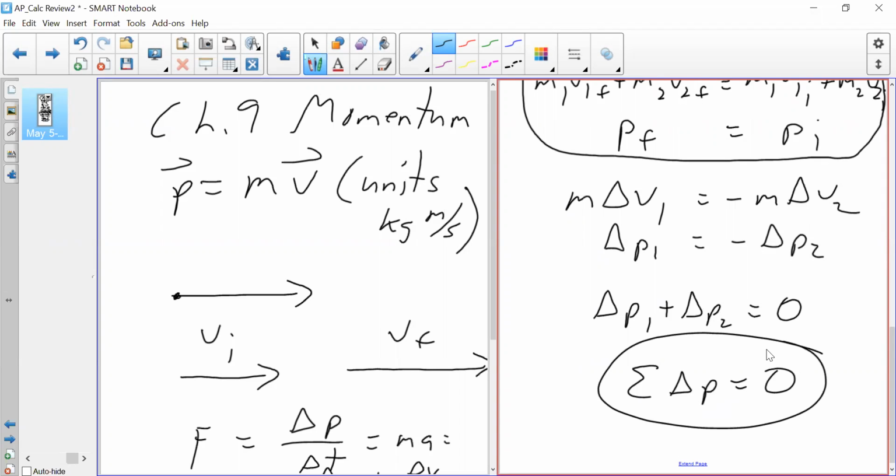Right? So the momentum of the system does not change. All types of collisions, elastic, inelastic, all types, yes.